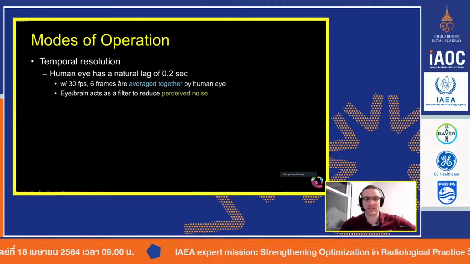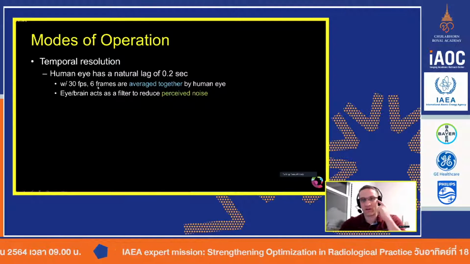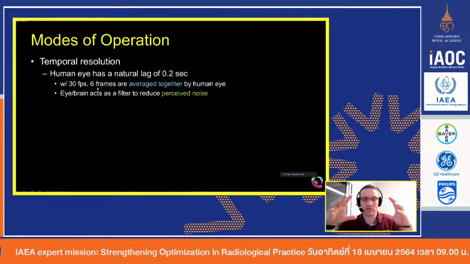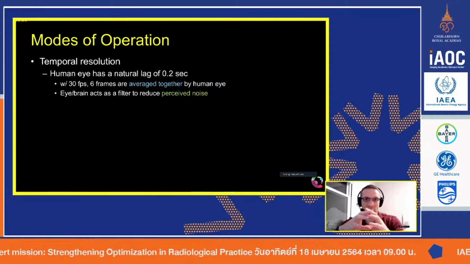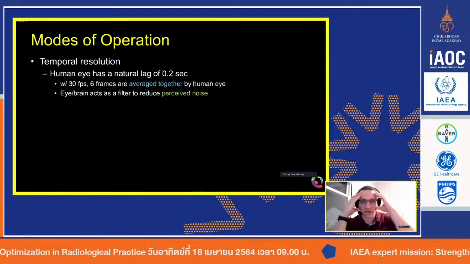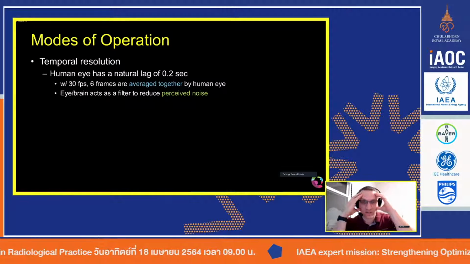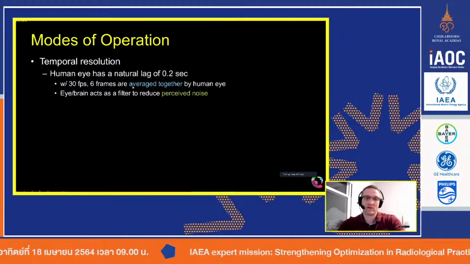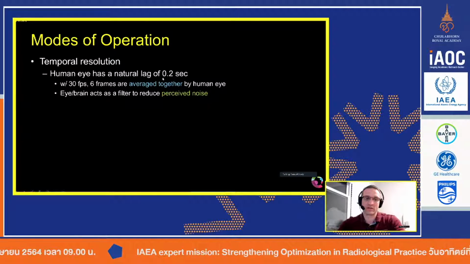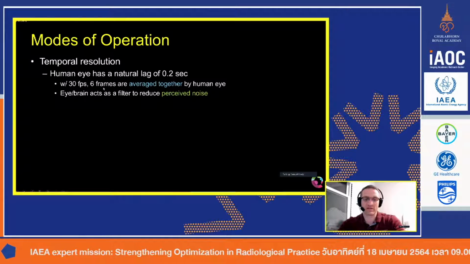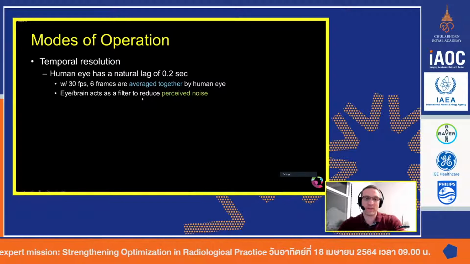So for every 6 frames, we put that together as one in our brain, and therefore the perceived noise goes down. We're averaging. Our brain is actually doing a filter, and it reduces the amount of noise that we see because we can collect images very quickly in our eyes. 6 frames are averaged together.